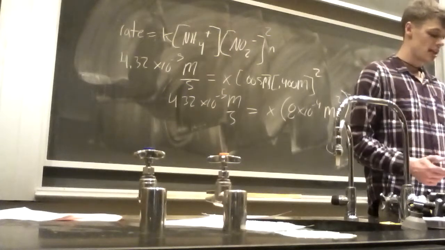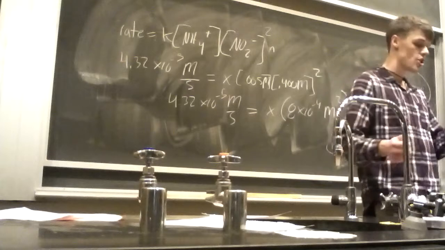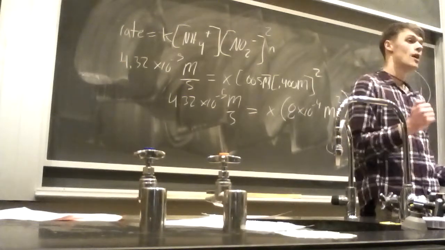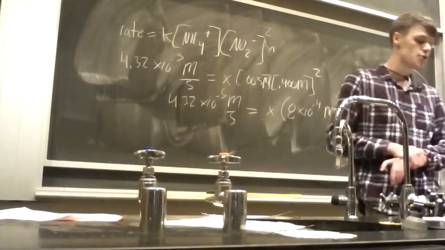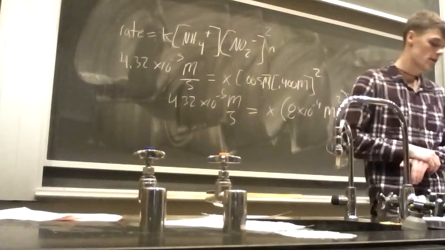And then you look at step 2, and you notice that there's an O3 on the right, and then there's an O3 in step 3 on the left. Those cancel out. You add up the ones that are left over, and you get 2N2O5 yields 4NO2 plus O2. Questions about that? That one's pretty straightforward.